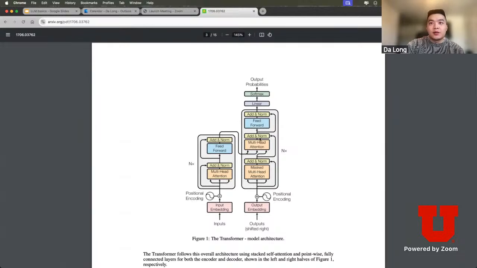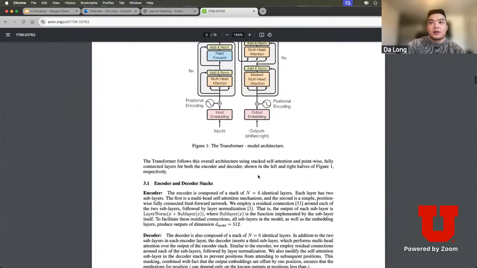Also, here is the input. The input interacts with the output during the cross attention. This is the cross attention, and except for this one, all of the attentions are self attention.